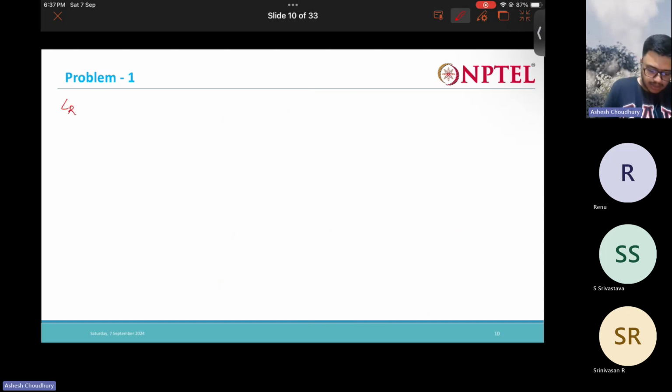LR is nothing but 7 minus Z times tan of 45 minus phi by 2, that is, 3.88 minus 0.54 Z.